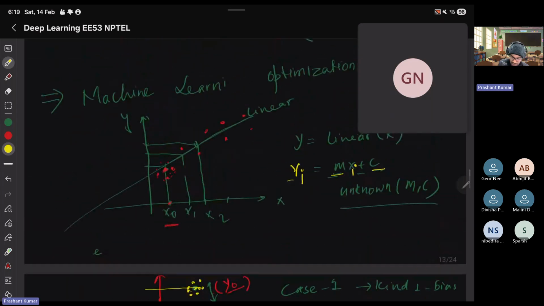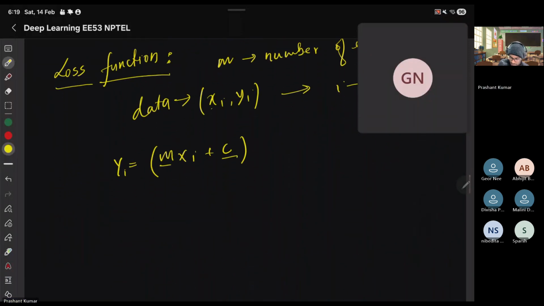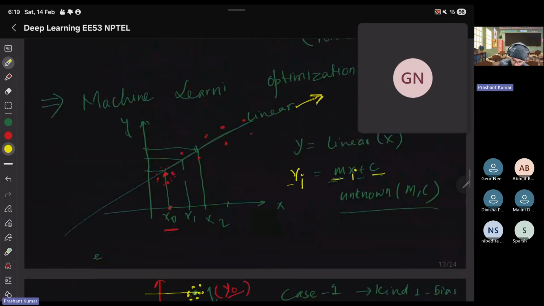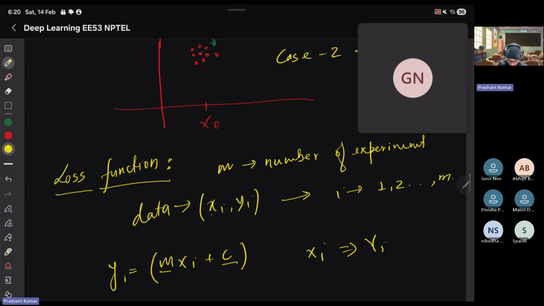From the original relation, you also know your original solution, that for xi, your y should be the capital Y. Let's call it a small y, and your correct solution is yi. So this is what you are inducing here. These are the errors, given this correct yi for which the m and c satisfy.